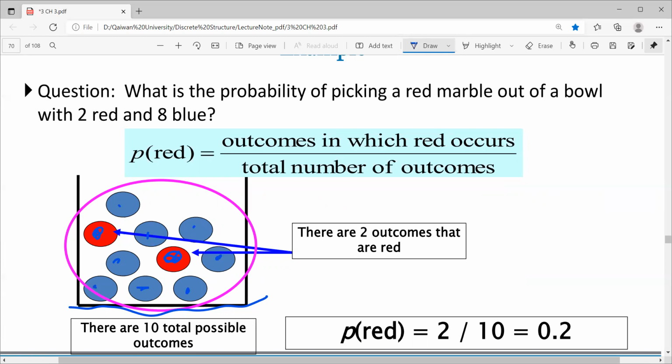Here we say the number of possibilities to take a red one divided by the total of the marbles. We have 10 marbles, which is 2 over 10. How about picking a blue one? Yeah, that's 8 over 10. So it is the answer here.